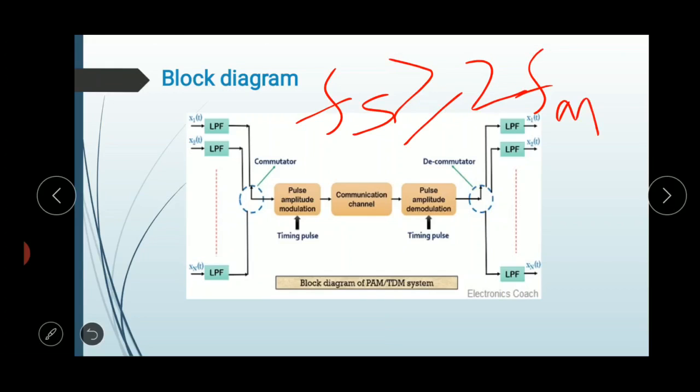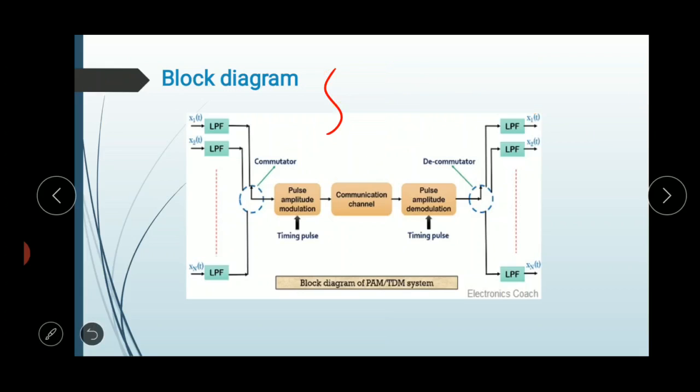Thus, the time duration between successive samples is given as Ts. If we have the sampling frequency or sampling rate, then we can get the time duration, that is Ts equal to 1 by Fs.